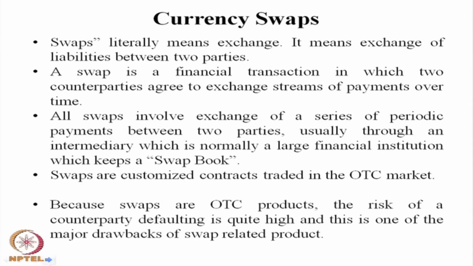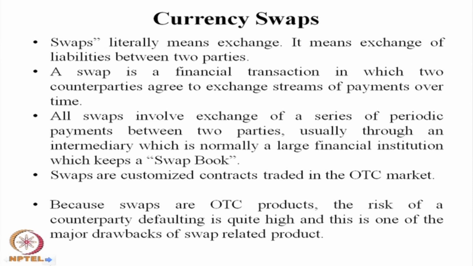When swap is an OTC product, the risk is quite high, a risk in the form of counterparty defaulting. When one party defaults, it creates a default risk for the other party, and since it is an OTC product, when the counterparty defaults, it creates high risk.